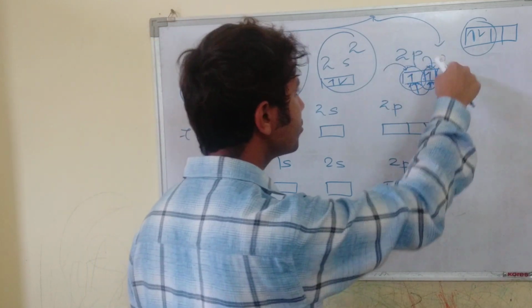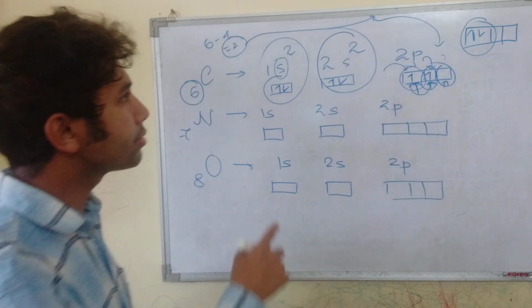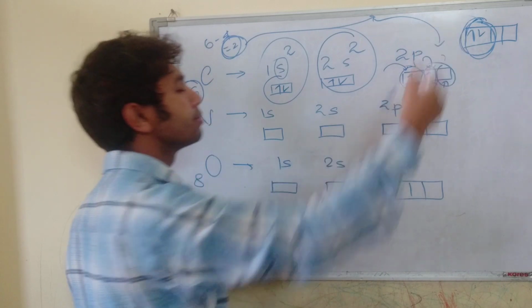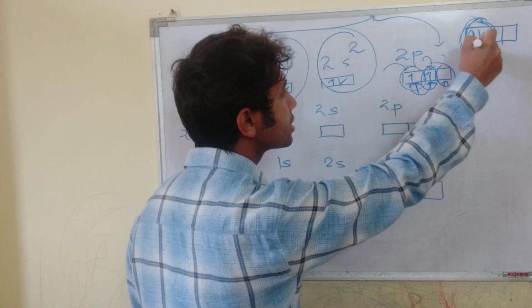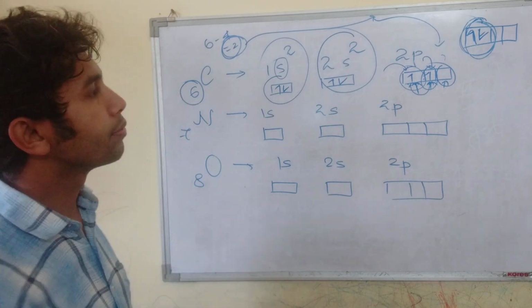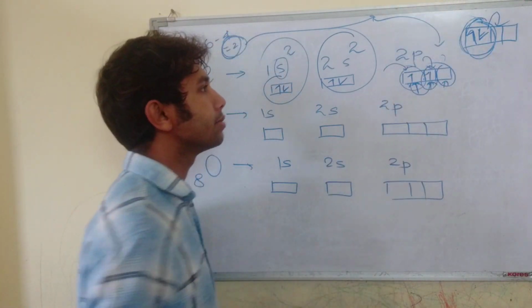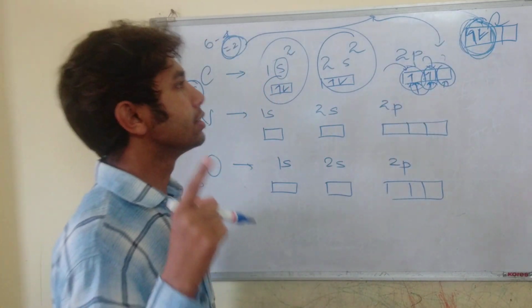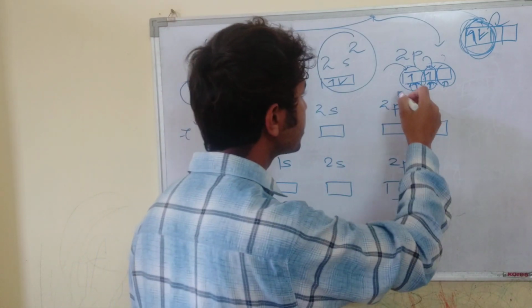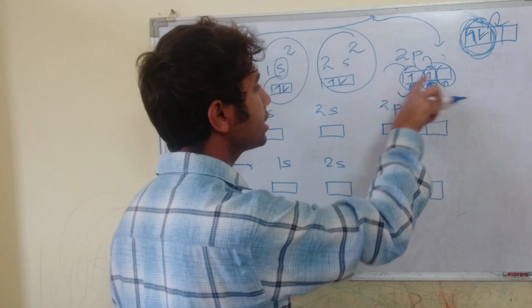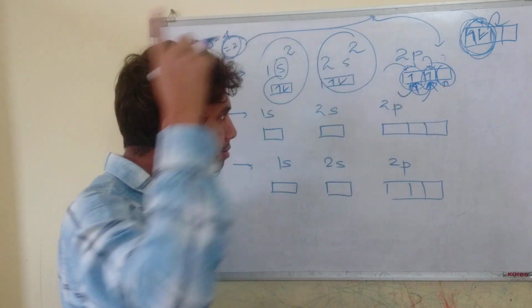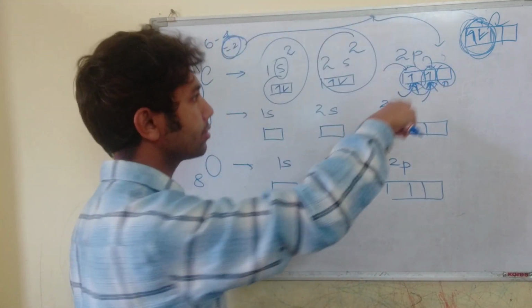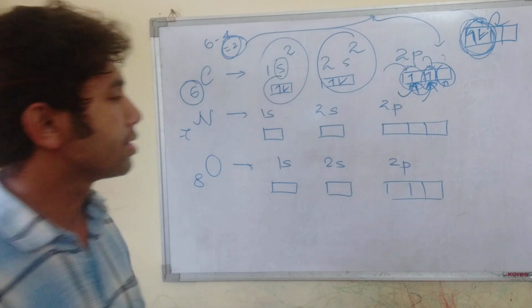Now here you see, if we put these 2 electrons like this, then what happens? In the same orbital we are pairing up without filling each orbital with 1 electron. This is not possible, as Hund's rule states that orbitals will first be singly filled, then if we have another electron we may put it in the next orbital, and only then may we pair up the electrons.